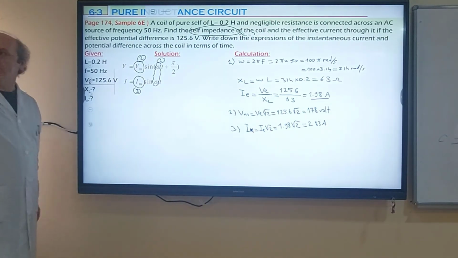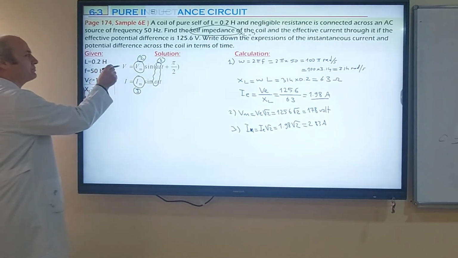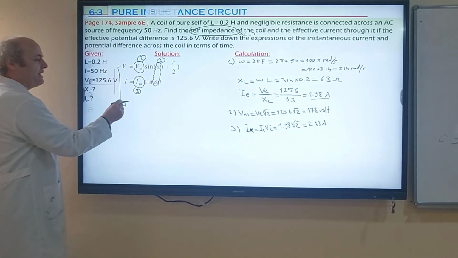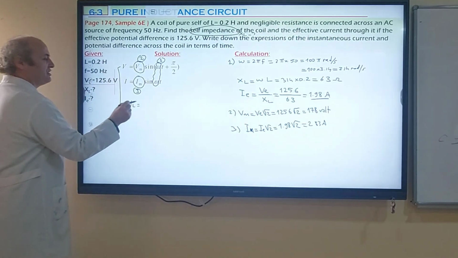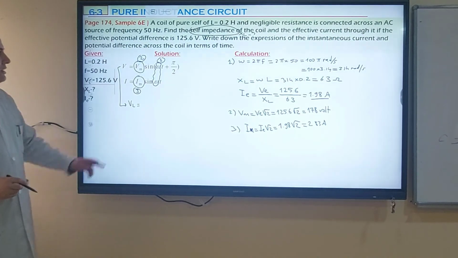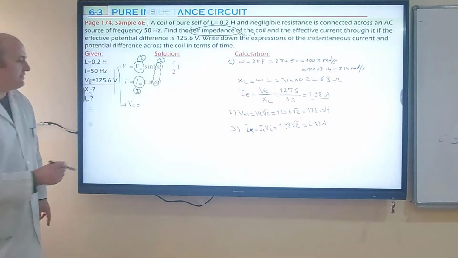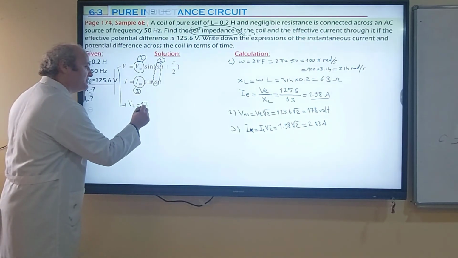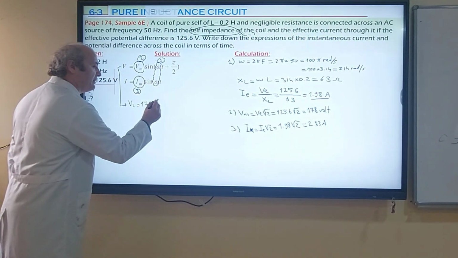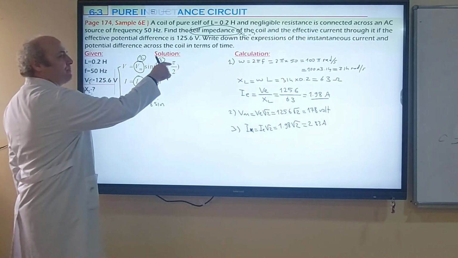Let's do the potential difference first. VL, the instantaneous potential difference across the coil, is equal to Vm, which is 178 volt, times sine of omega t plus pi over 2.